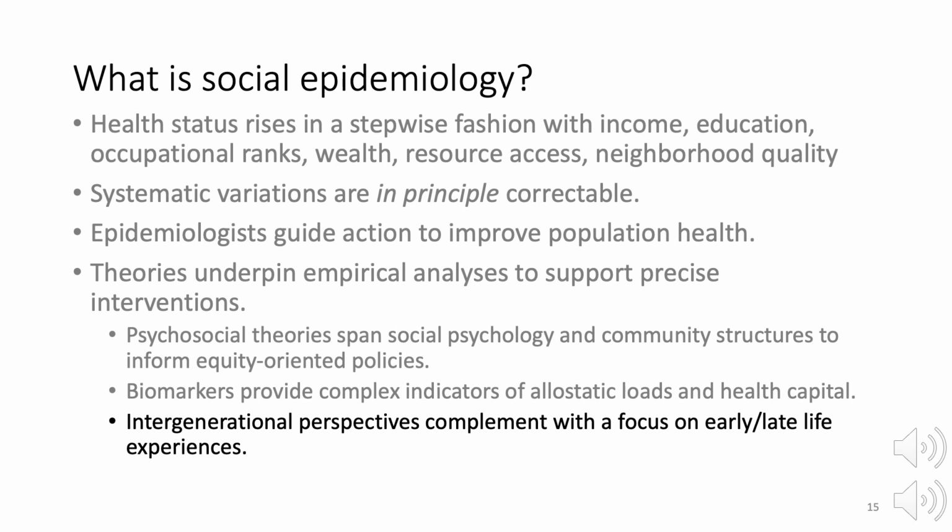These associations are encapsulated in theories expressed as diagrams, including more comprehensive or more focused diagrams in the previous slide, and together they explain patterns to support precise interventions. Both associations and theories are needed.